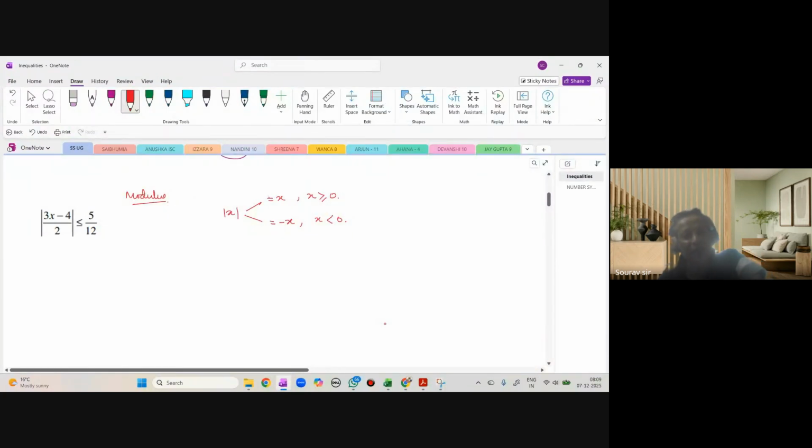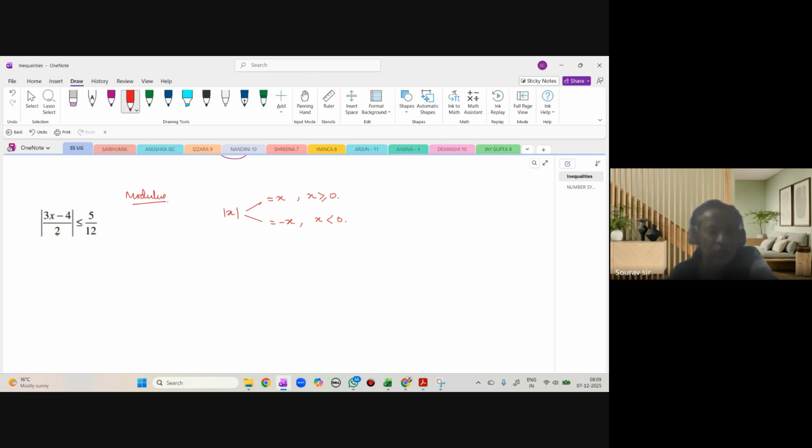So this is the meaning of modulus of x. When I write modulus of (3x minus 4) by 2, this means that the denominator is 2, which is a positive number, so there's no question of modulus there. So this basically means modulus of (3x minus 4) by 2 is less than equal to 5 by 12.